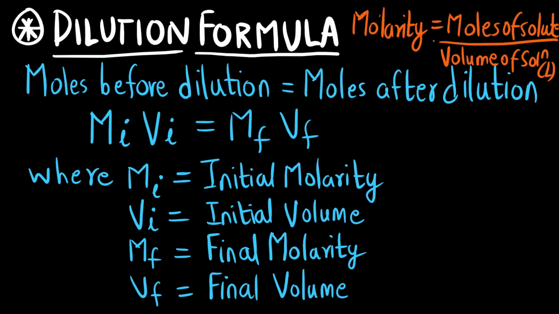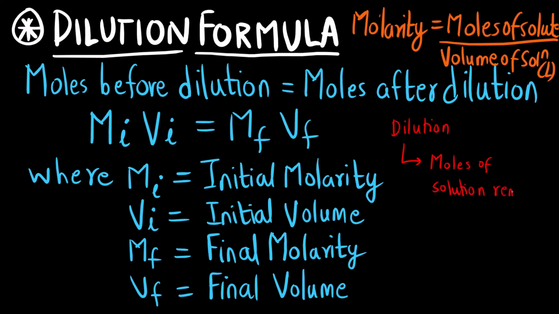Now let us see what is the dilution formula that we have to use for performing this dilution or serial dilution. One thing that we have to remember is that when we perform dilution, the moles of a substance remain the same.